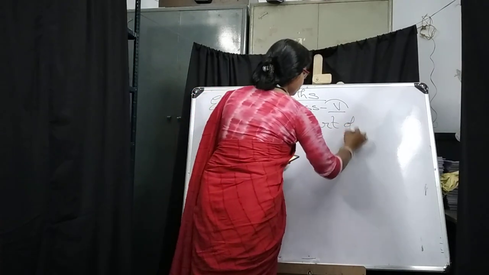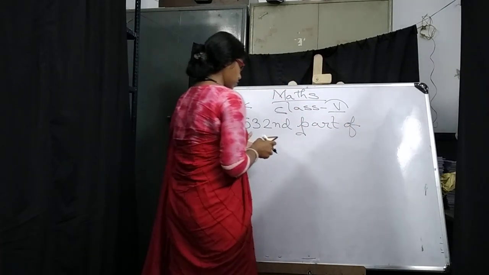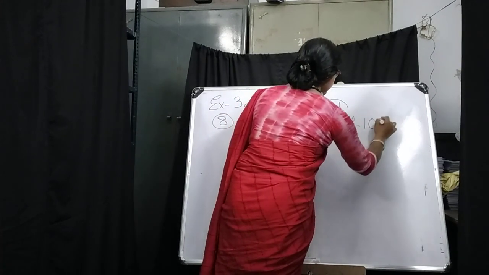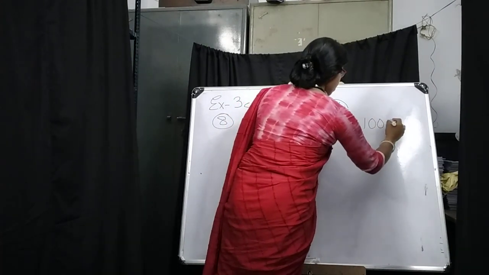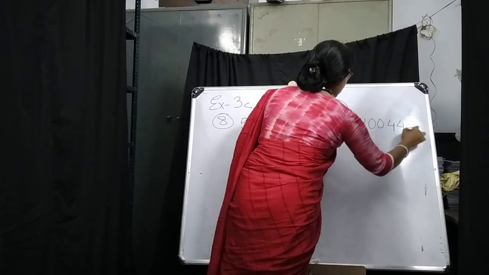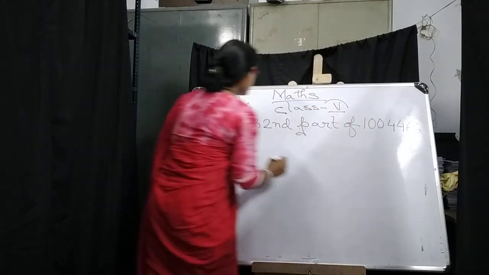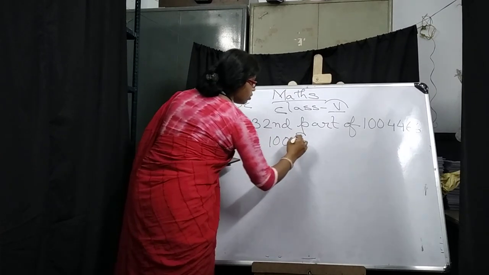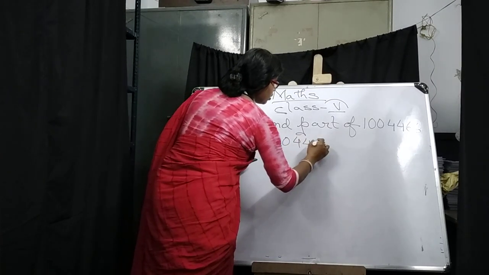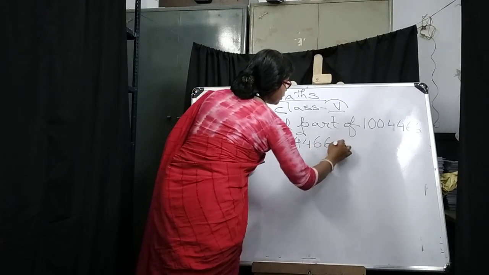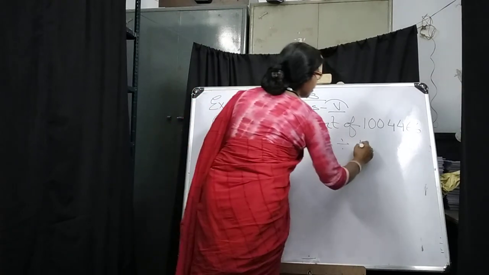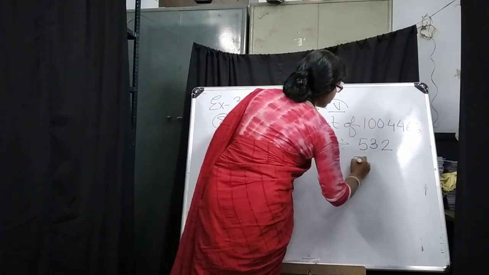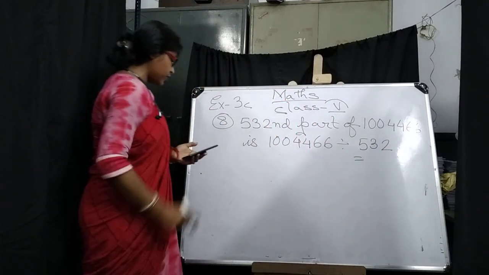Second part of 1004416 is 1004416 divided by 532. So let us do the division here.